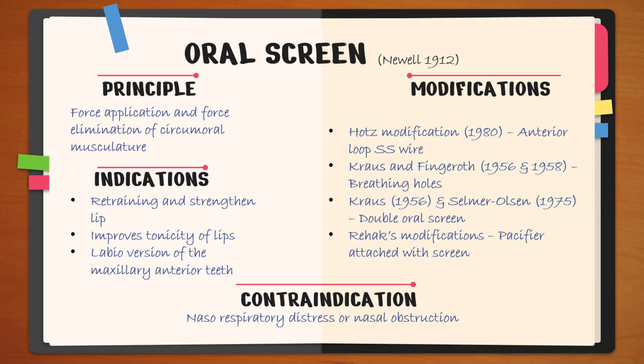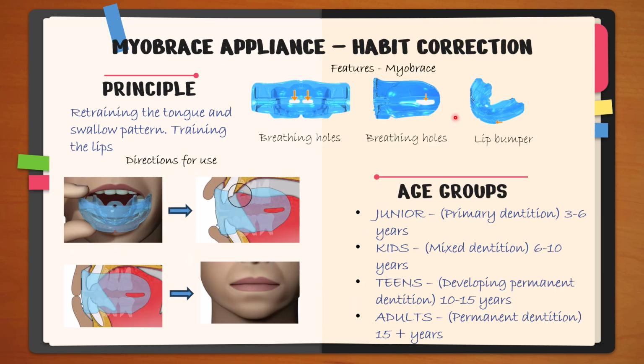The newer techniques use a Myobrace appliance for this habit correction, which is a modern habit correcting device. It helps to retrain the tongue posture, swallowing, and nasal breathing. There are specific models for every age group, divided into junior, kids, teens, and adults.